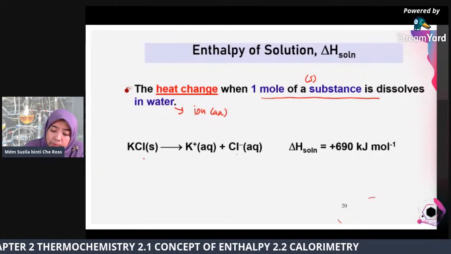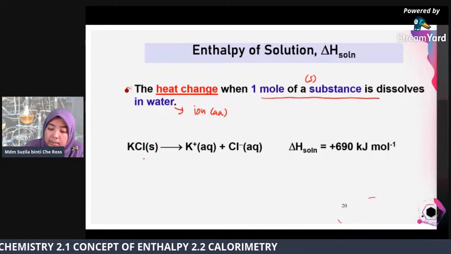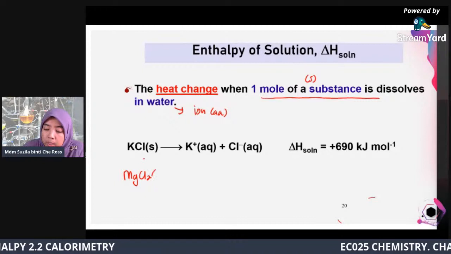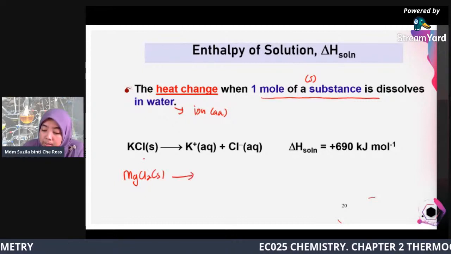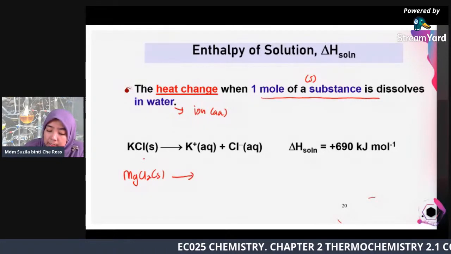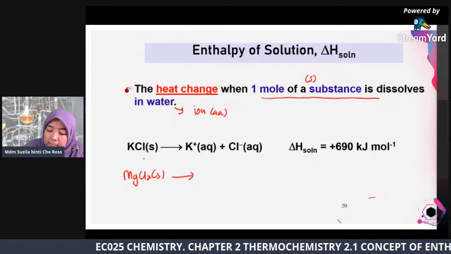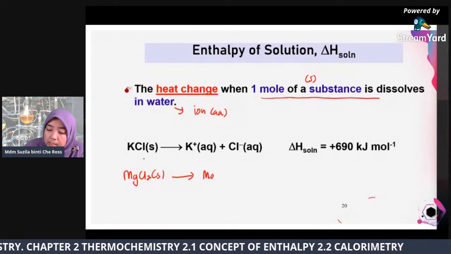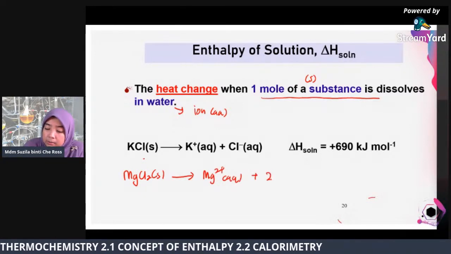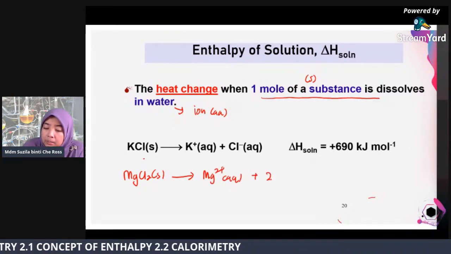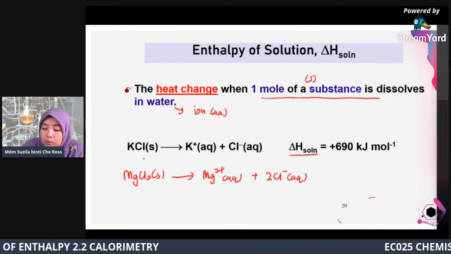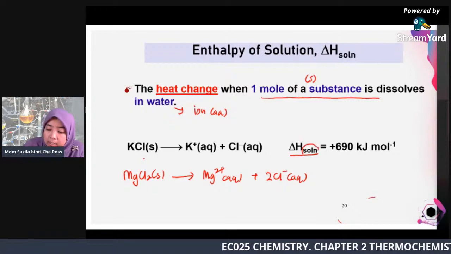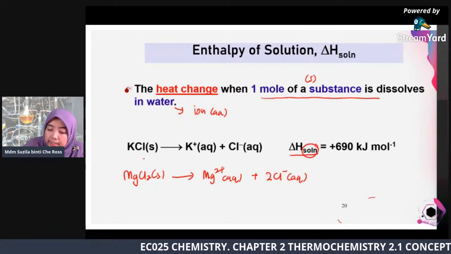Same goes to MgCl2 solid. Okay, when dissolved in water, you will get Mg2 plus aqueous plus 2Cl minus aqueous. Okay, so the symbol for enthalpy of solution is delta HSOLN, short form for solution. Okay, delta HSOLN.